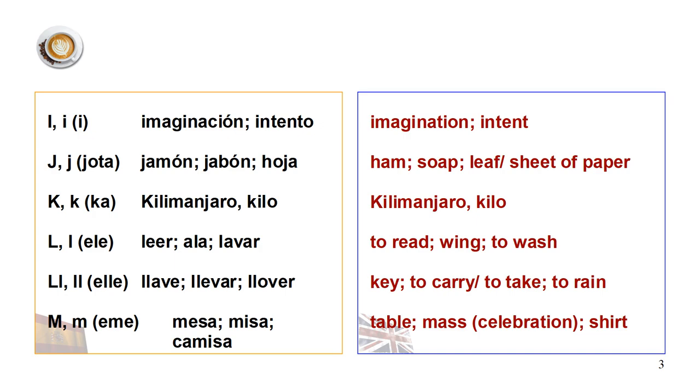Kilimanjaro, which is Mount Kilimanjaro in English. Kilo, kilo. This letter is not very often used in Spanish, as the sound K is already covered by C plus O, U, A, and also Q, which is the English Q.